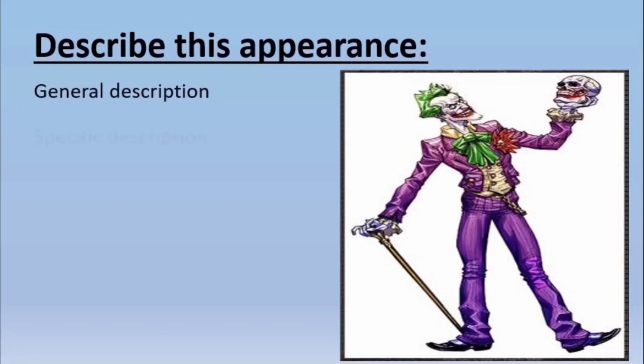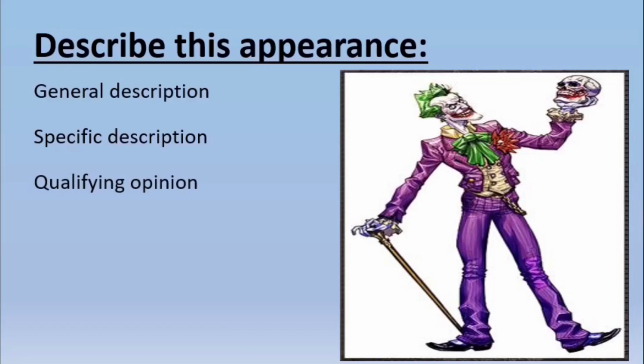He is very tall and thin. He has short, shaggy green hair and an evil look in his eye. He has a terrible smile. He looks like a horrible person.